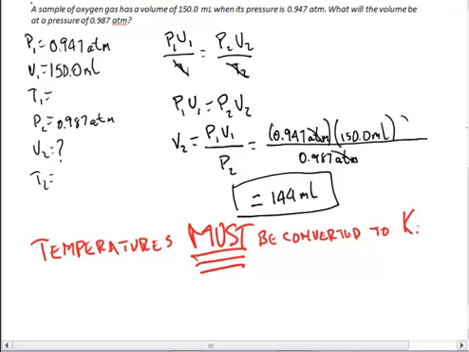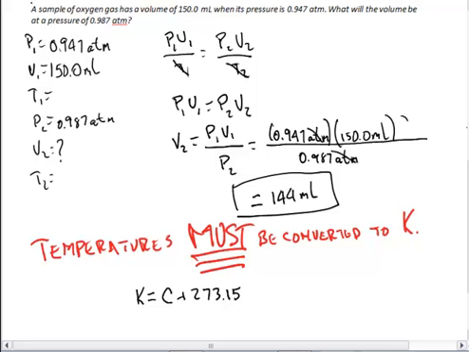Okay, we have to put our temperature on the Kelvin scale. We are not allowed to use temperatures in Celsius degrees when we're solving these problems, and that's fairly simple to do. The Kelvin temperature is equal to the Celsius temperature plus 273.15.